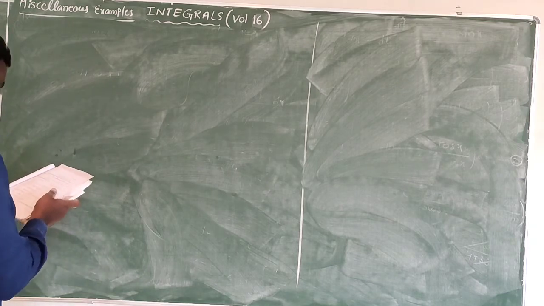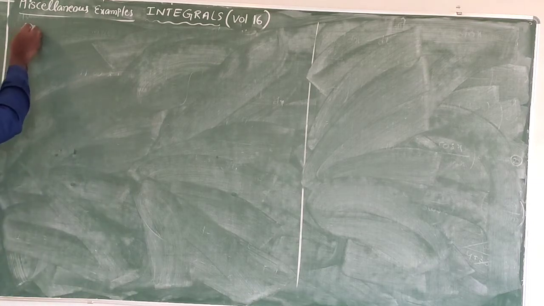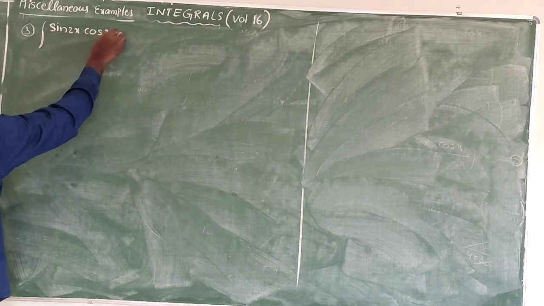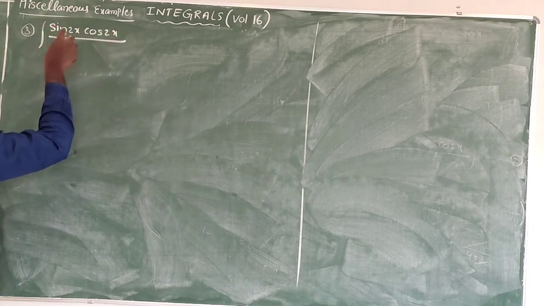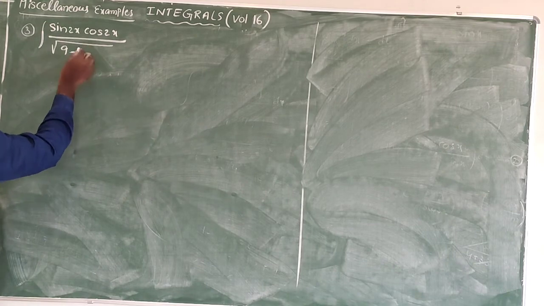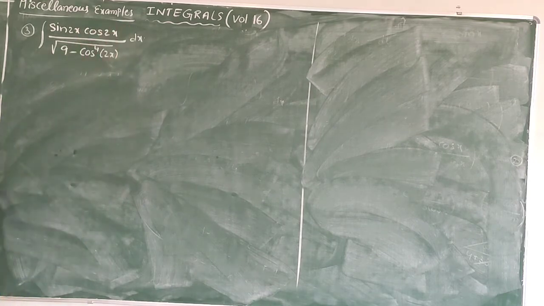Third question. Evaluate integral sin 2x cos 2x by under root of 9 minus cos power 4 2x dx.